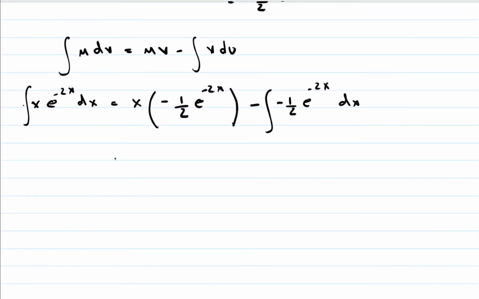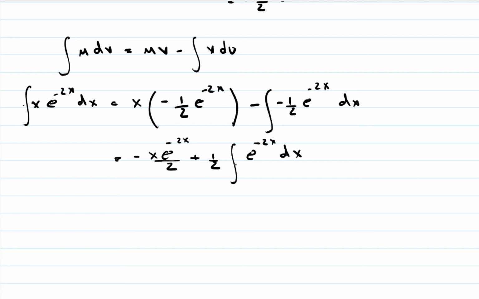Now this is going to become minus x e raised to minus 2x divided by 2. This is minus and minus becomes plus 1/2, and then we're going to have here the integral of e raised to minus 2x dx.